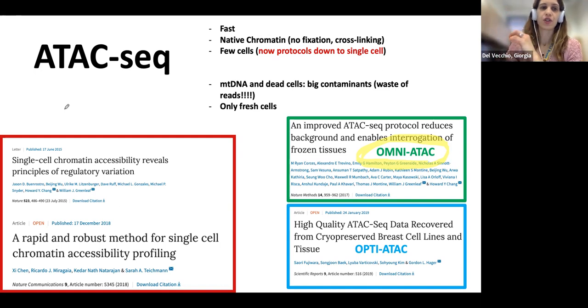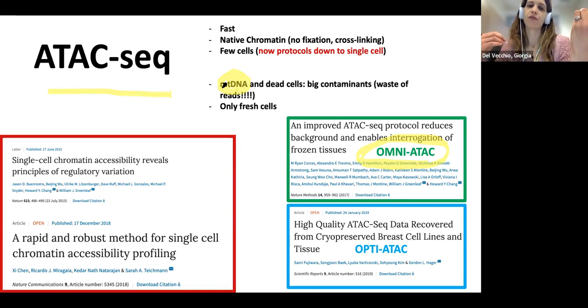And another issue of the ATAC-seq, and we mentioned that yesterday, in the ATAC-seq you usually have a lot of reads coming from the mitochondrial DNA. So you have to go deep in the coverage. You need millions of extra reads to get enough information, because most of the reads are going to mitochondrial DNA.